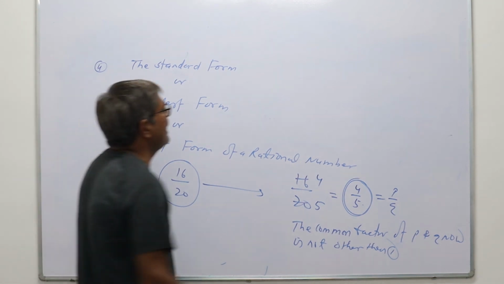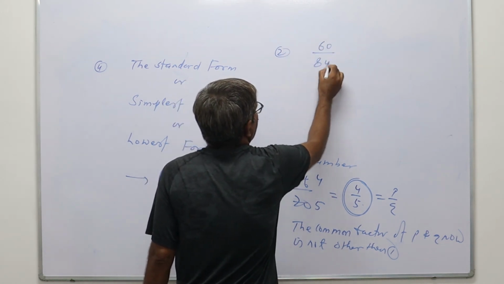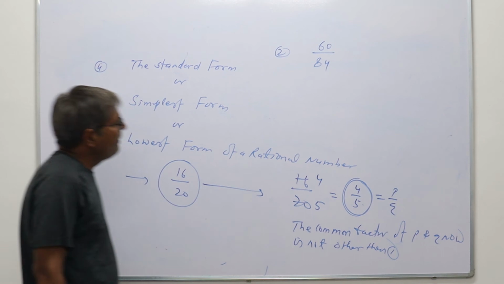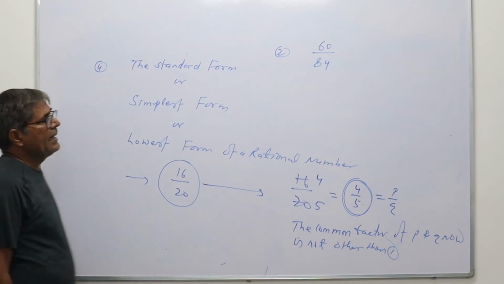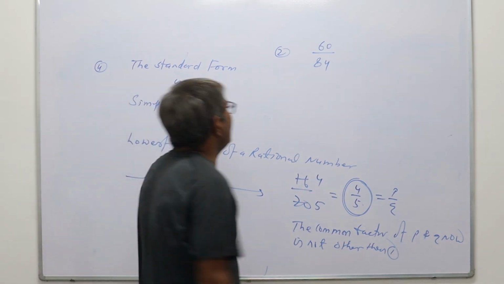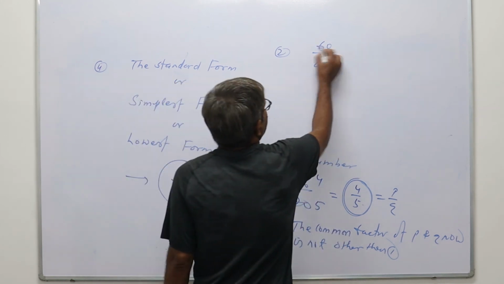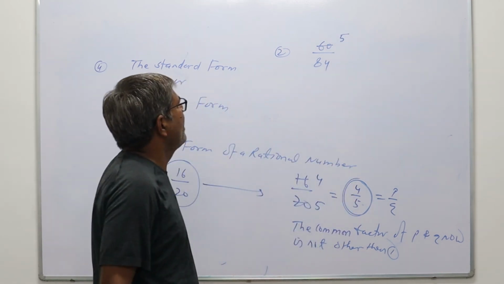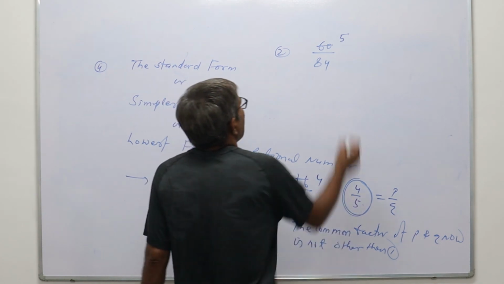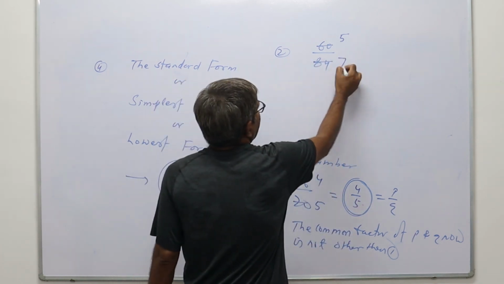One more example. Let us suppose the second rational number is 60 upon 84. Then what will be the standard form of this rational number? So first find the common divisor. Here see, if we divide numerator and denominator by 12, then 12 fives are 60 and 12 sevens are 84.